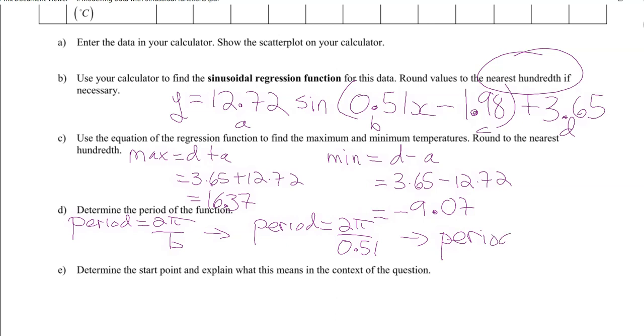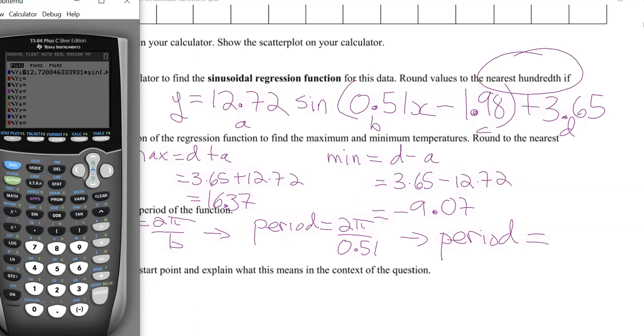And I'm stringing this along from left to right because there's not enough room to write up and down. And go to our calculator. So we'll just quit out of there. Okay, so 2 pi divided by 0.51. And that's 12.3. So 12.3 what? Months.